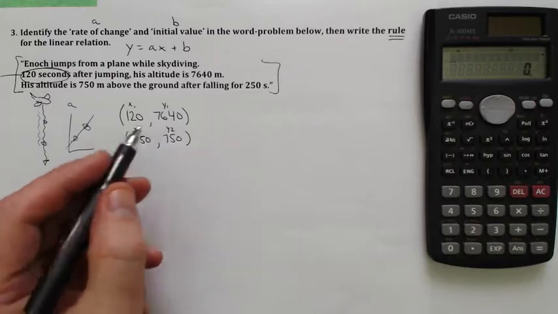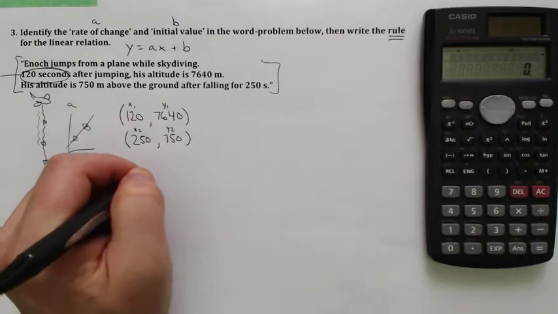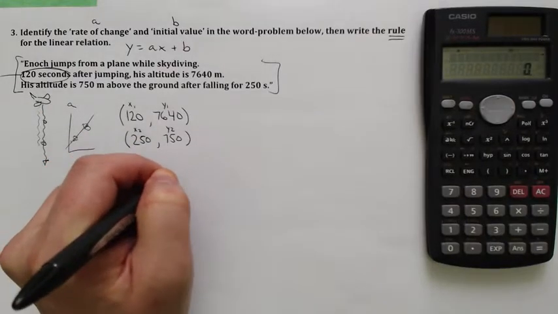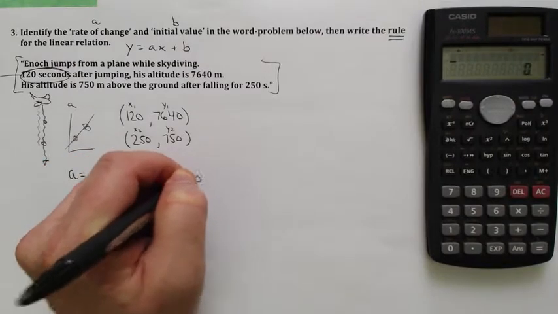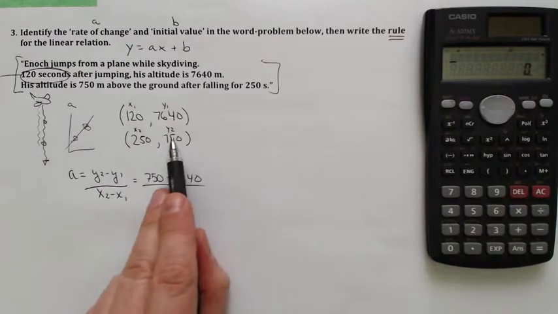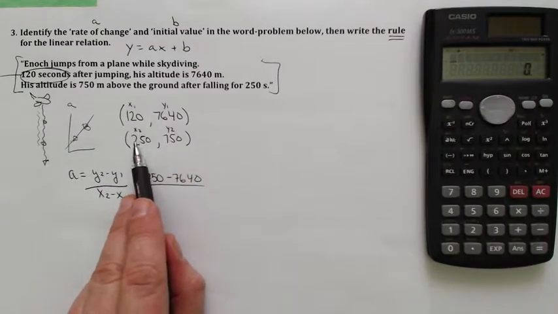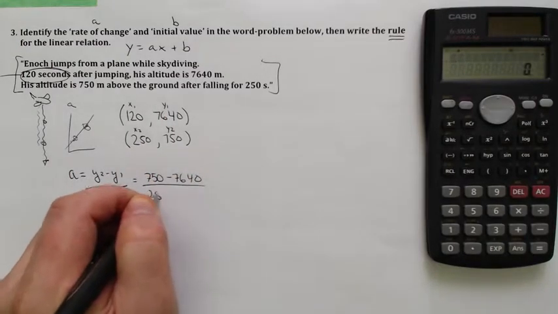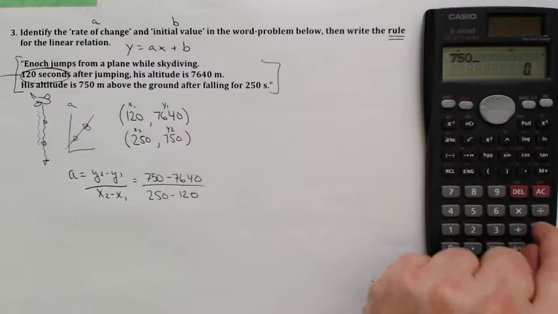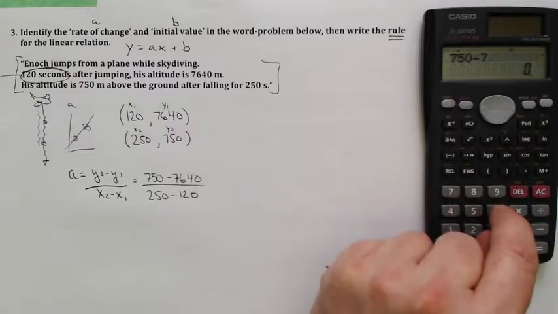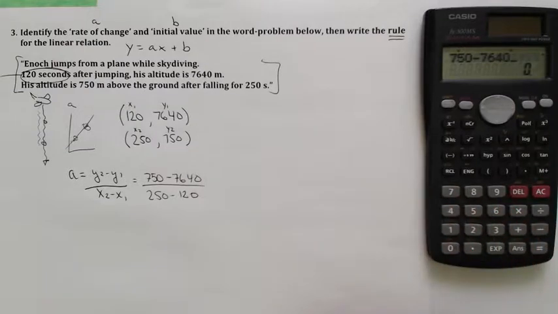Let's see what happens. So 750 minus 7,640 will be the top of the fraction, y2 minus y1 over x2, 250 minus 120. So come over to the calculator and we'll go 750 minus 7,640.